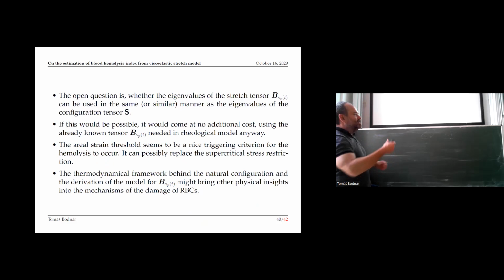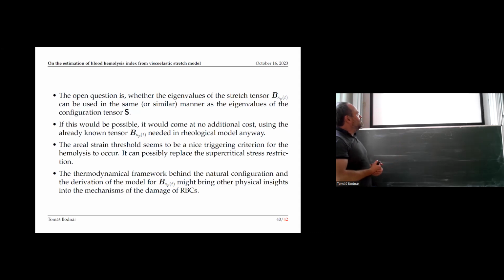So if the area of the membrane goes over a certain value, then it will start releasing the hemoglobin. One more conclusion can be made after this, because in fact the open question is what to do if I have a viscoelastic model, but not the Rajagopal one. If I have just the older B model, can I do something similar?